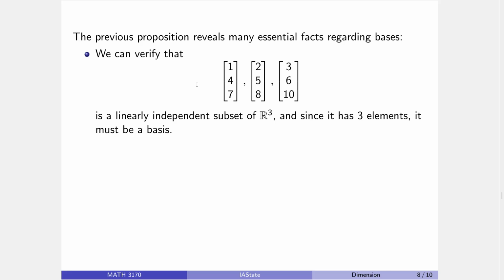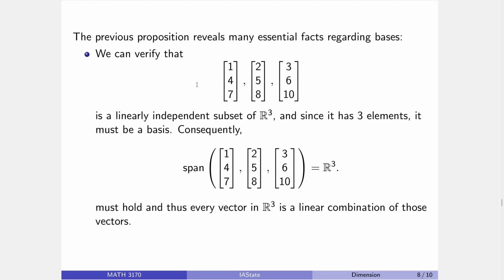If you get a row of zeros, then you know that you're going to be failing to be linearly independent. Right? Look at the null space formed by the matrix. If there's non-trivial things in there, then we know we are linearly dependent. But we can verify that this has to be linearly independent, and thus, since it has 3 elements, it automatically is a basis.